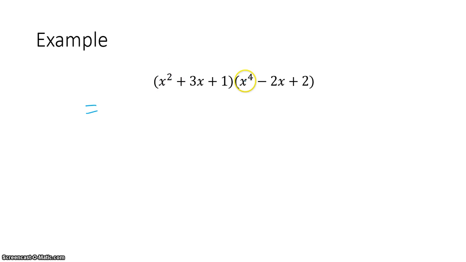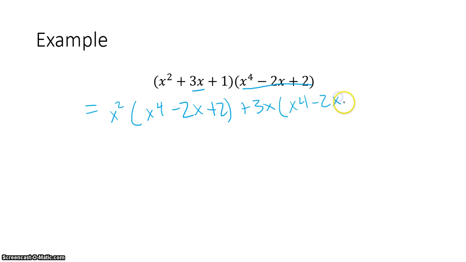We'll do x squared times x to the 4th minus 2x plus 2. Do it with 3x, so plus 3x times x to the 4th minus 2x plus 2. And last term we're going to need is plus 1 times x to the 4th minus 2x plus 2. And I'm going to let you go ahead and simplify that one a little further.